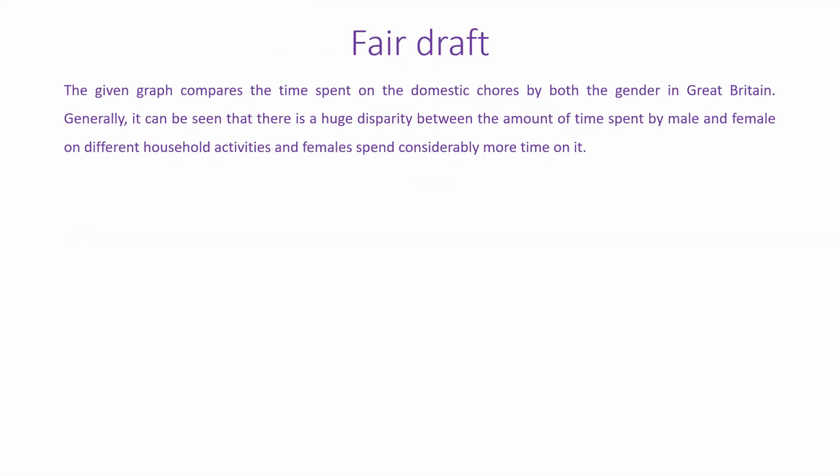The given graph compares the time spent on the domestic chores by both the genders in Great Britain. Generally, it can be seen that there is a huge disparity between the amount of time spent by male and female on different household activities, and females spend considerably more time on it.